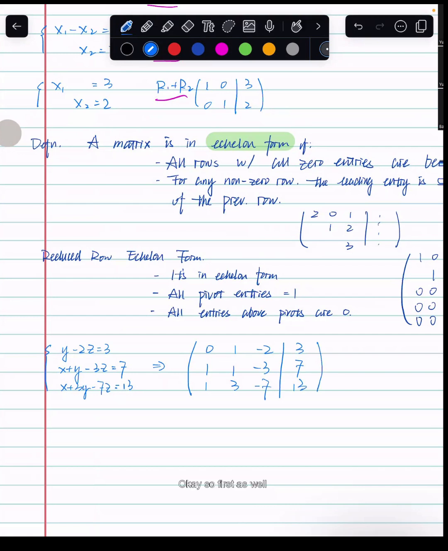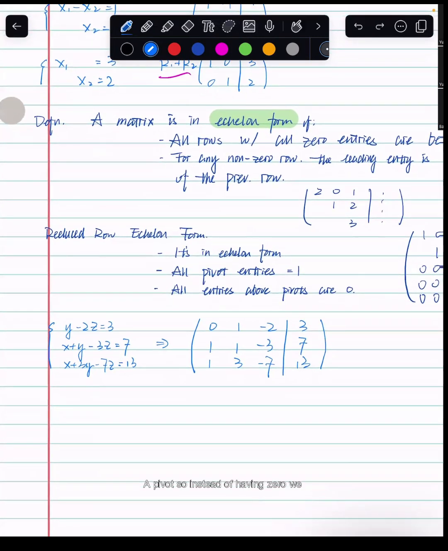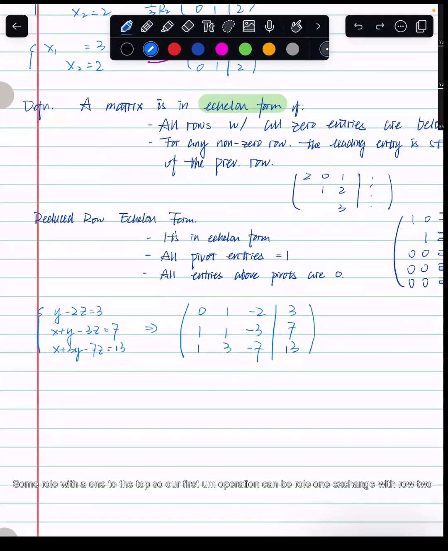First, we want the first entry to be a pivot. So instead of having 0, we need to exchange some row with a 1 to the top. So our first operation can be row 1 exchange with row 2. Now it would be 1, 1, negative 3, 0, 1, 2, 1, 3, 7.